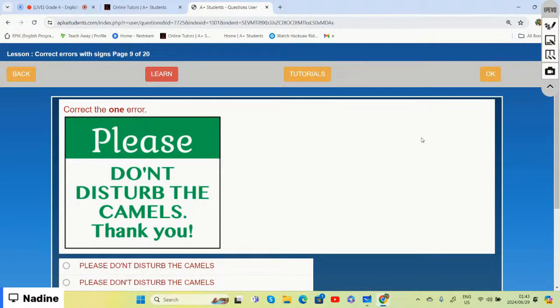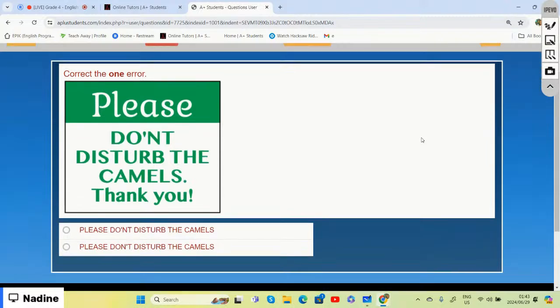Which word on that sign, like a notice sign, needs to be corrected? So look at option one and look at option two, and then we need to say which one is correct. So we need to correct a specific word and then write the correct answer.